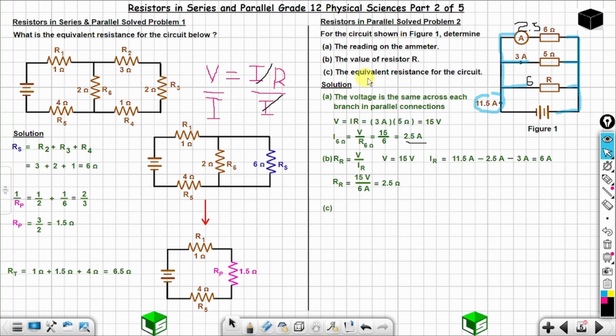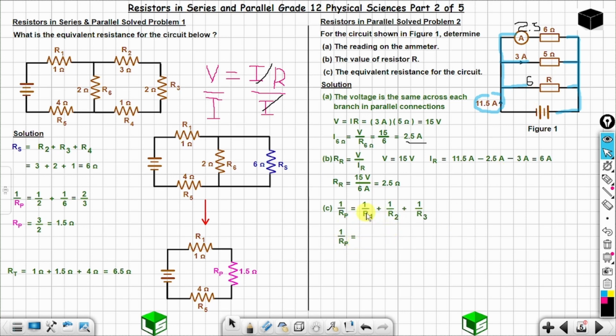determine the equivalent resistance for the circuit. Total resistance. You have a parallel connection, no series connection. So you can use this formula.